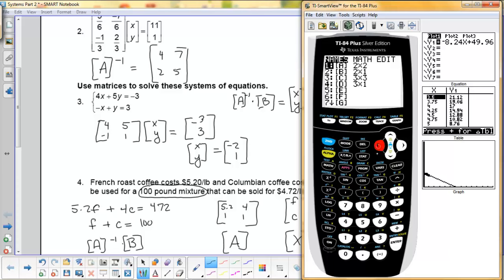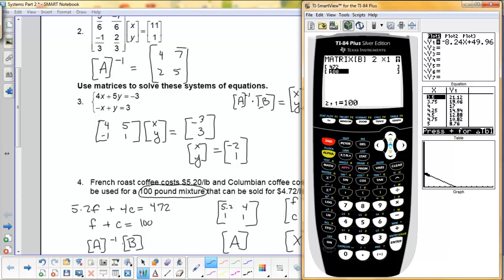I'm going to edit matrix A again and simply overwrite the numbers that are currently there: 5.2, 4, 1, and 1. All right, quit, enter into the matrix, edit matrix B, overwrite the numbers that are there, 472 and 100.